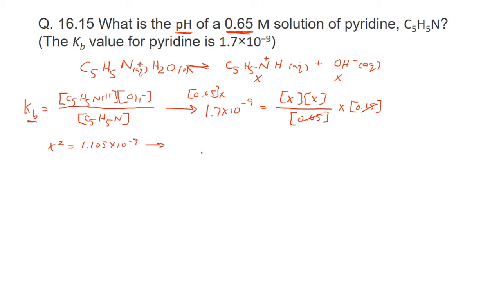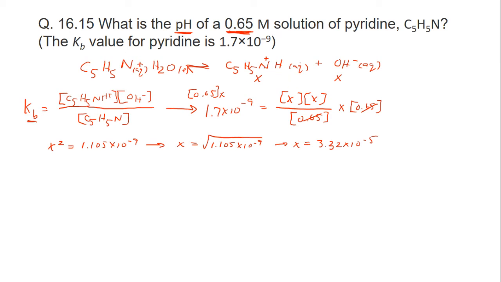Now we're looking for x, so we can get that by taking the square root of both sides. So x equals the square root of 1.105 times 10 to the minus 9, and x equals 3.32 times 10 to the minus 5. Now let's remember what X was.